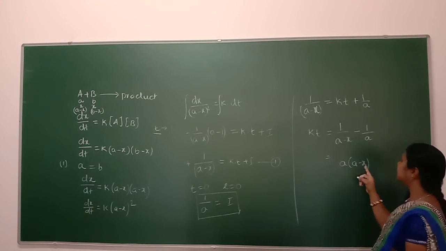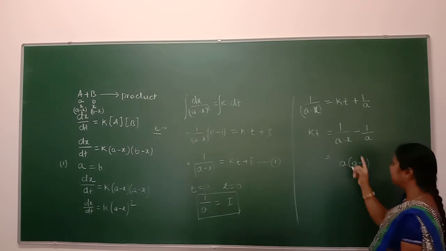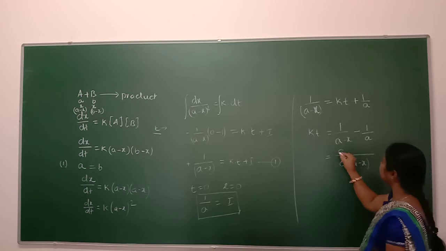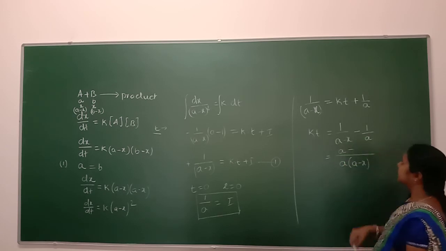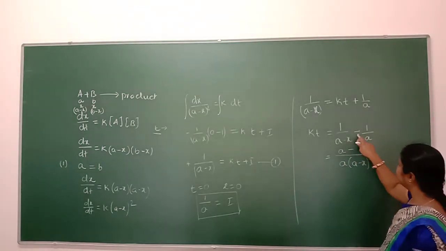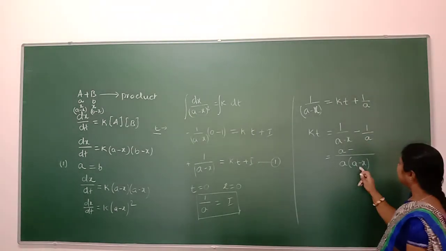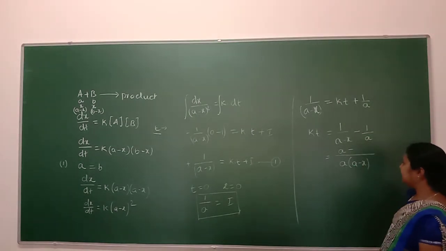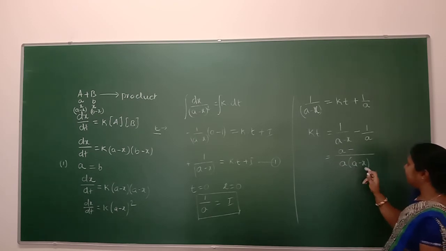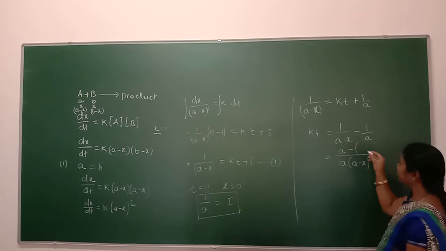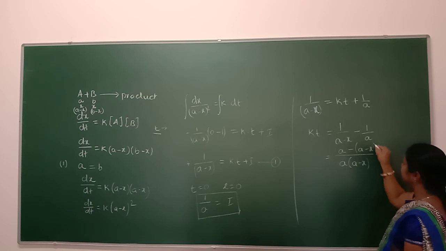The (a minus x) and (a minus x) cancel with one another. The remaining is only a, with the minus sign according to the above expression, and the a and a cancel with one another. The remaining is a minus x, so we put a bracket (a minus x).